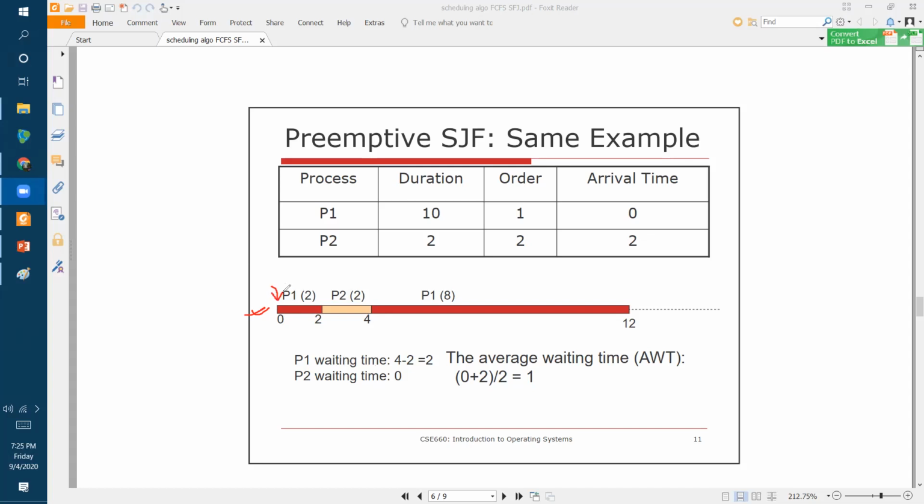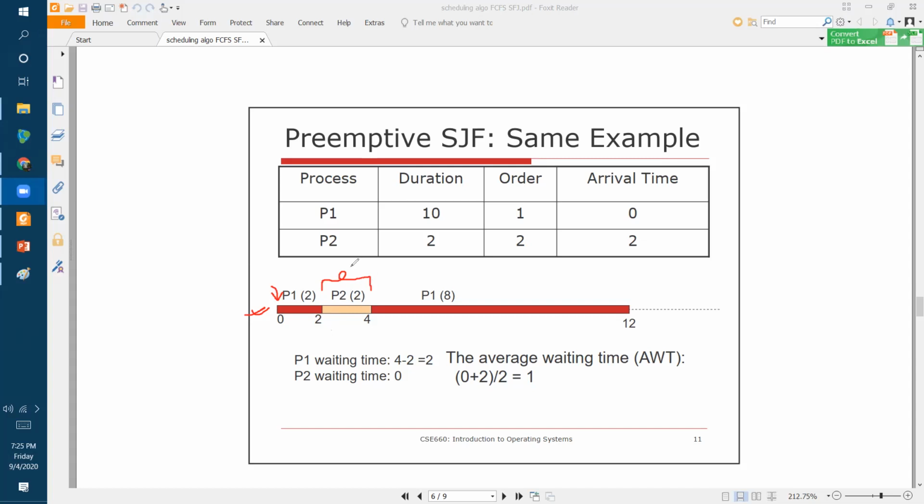That doesn't mean its waiting time will be 0, because in the middle of P1's job, P1 has to stop. P1 stops working because of the scheduler, or P1 gets blocked by the scheduler.